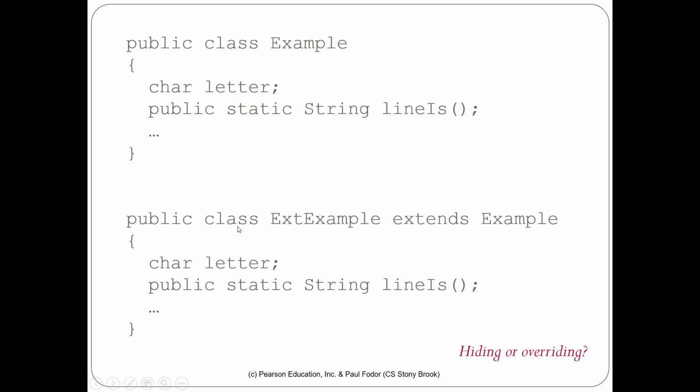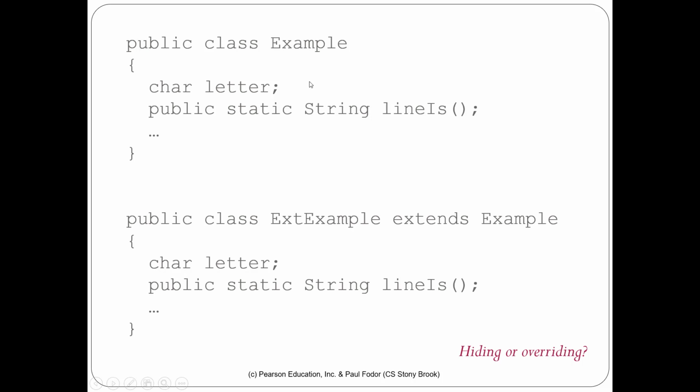You are defining public class ExtExample. That means extended example, which is the subclass of Example. It is extending the Example, right? That means you are establishing the parent and child relationship, which is an is-a relationship. And in the subclass, you are using the same name of the data member as you had in the parent class, right?